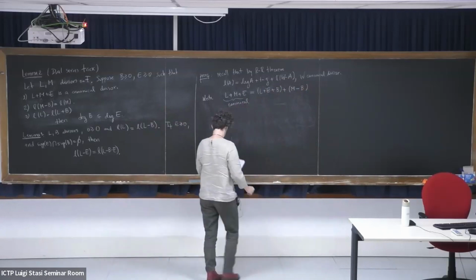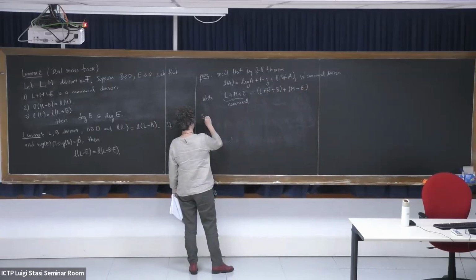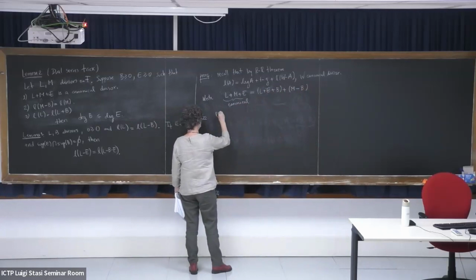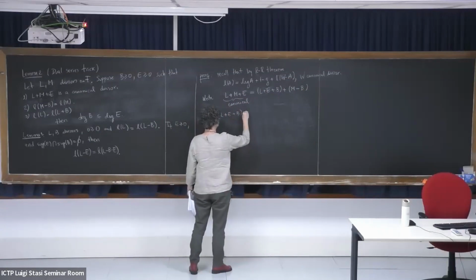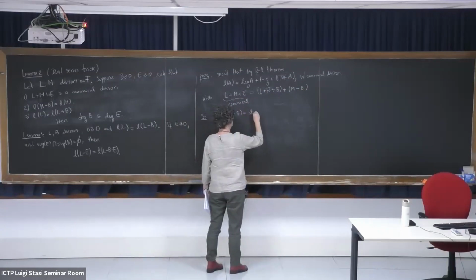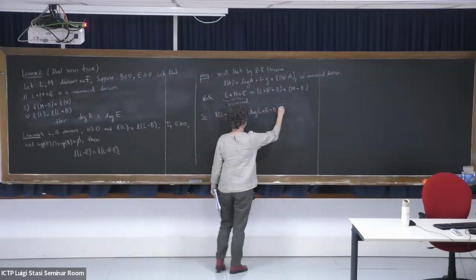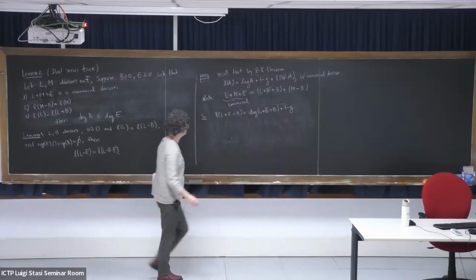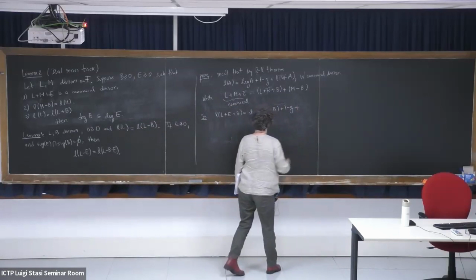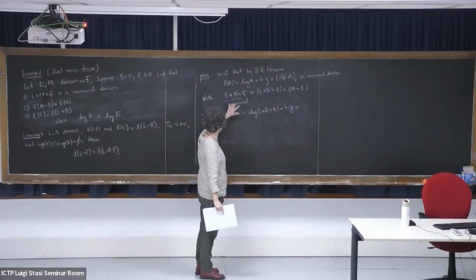It is the degree of L plus E plus B plus 1 minus g, where g is the genus of the function field, plus the dimension of the canonical divisor minus this one.